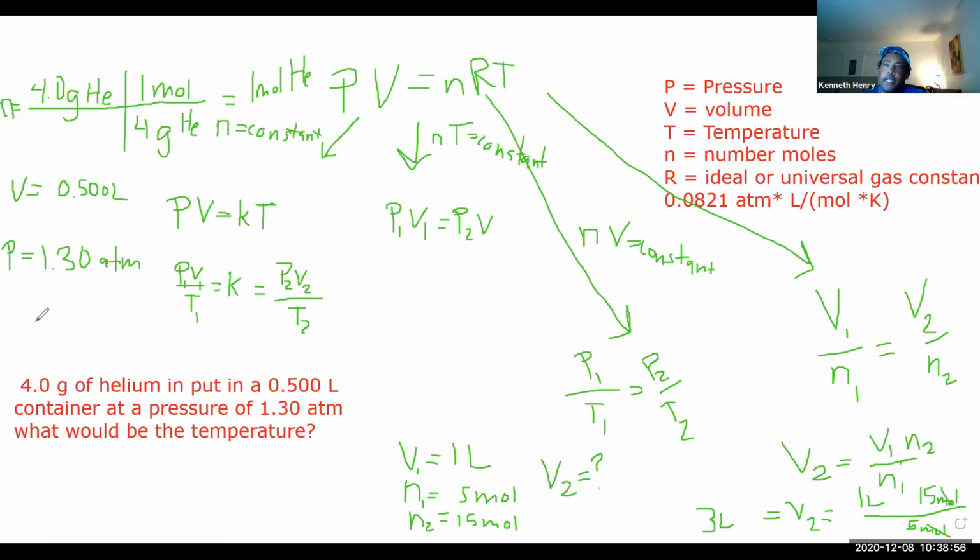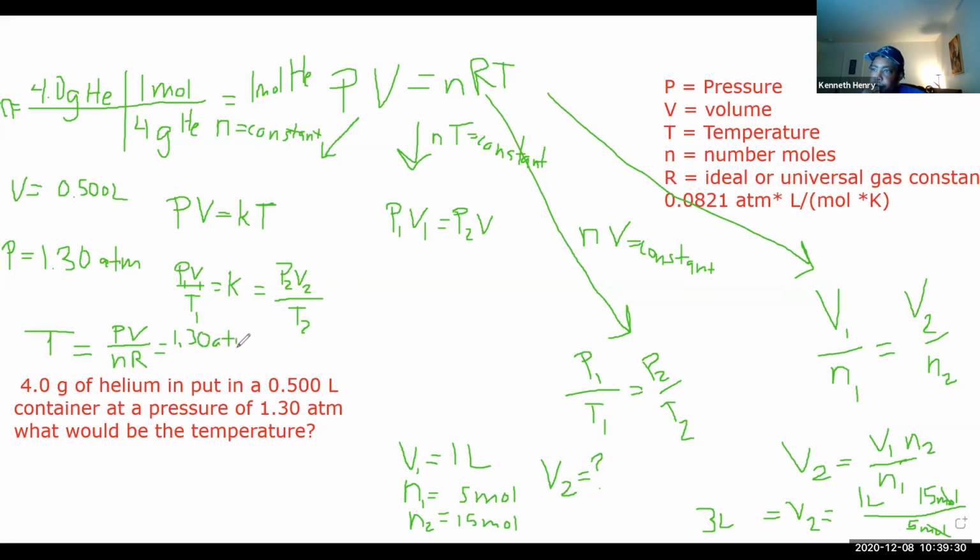Okay, so if I plug it in there, plug and chug, and I solve for T, I get T equals PV over NR. So then I just plug everything in. We know what R is. R is 0.0821, right?